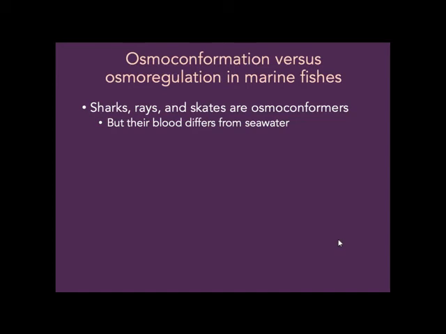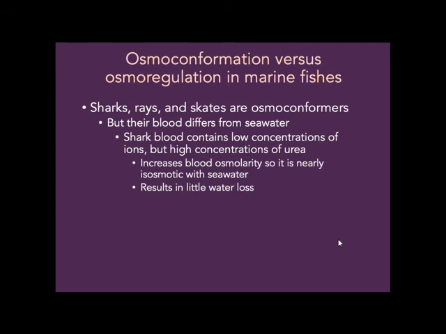Okay, let's talk about osmoconformation versus osmoregulation in marine fish. So sharks, rays, and skates are osmoconformers, but their blood does differ from seawater. So the shark's blood will contain low concentrations of ions, but high concentrations of urea. And the presence of the urea increases the blood's osmolarity, so it's nearly isoosmotic with seawater.